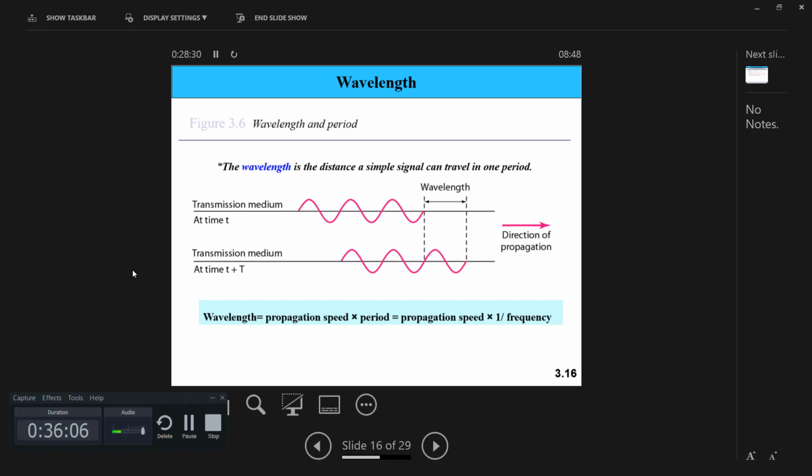So the distance will be the speed times the period, because speed is always distance over time. So speed times time is the distance. Even for cars, speed is always the distance you covered in a given time. The wavelength is a distance, so it's the propagation speed multiplied by the period, or of course 1 over the frequency.